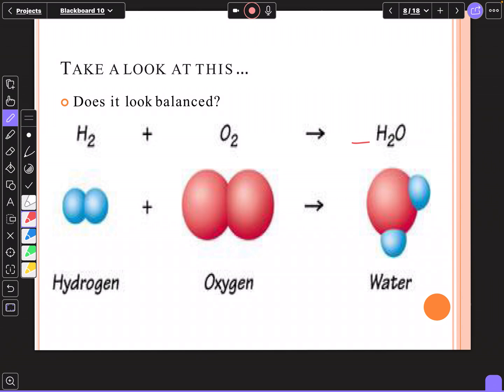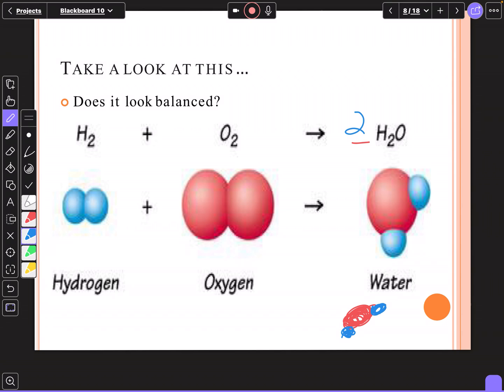I can add a coefficient, and when I add a coefficient, that's going to give me a whole other molecule. So if I add another oxygen, I have to add a whole new molecule of water. Now I got 2 of those. That would go there.